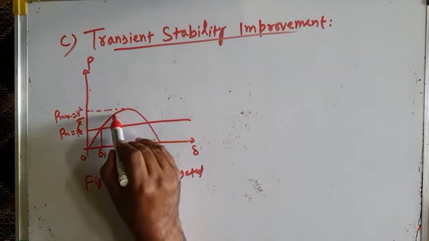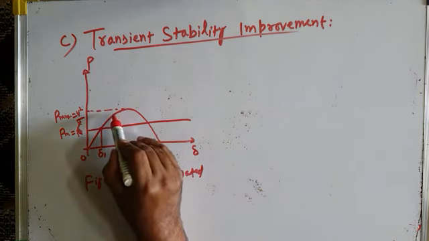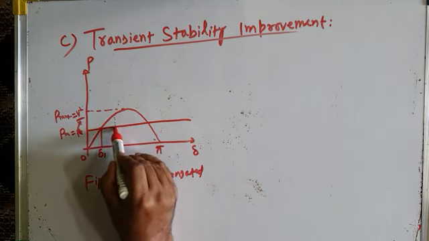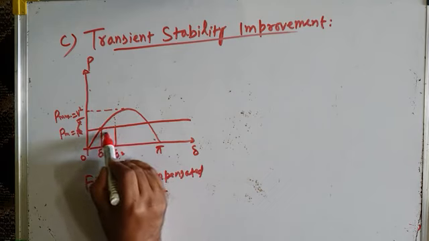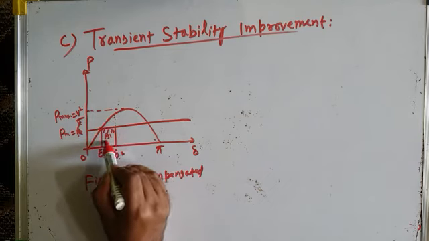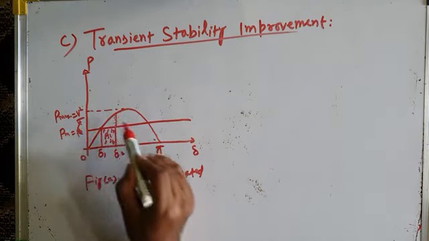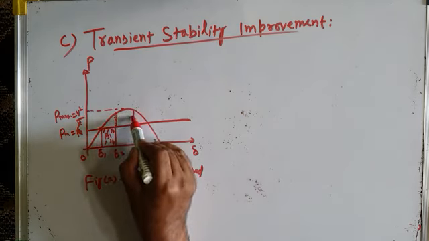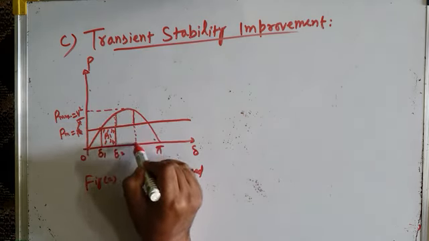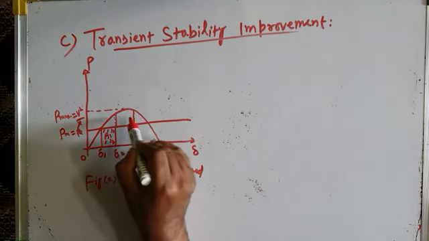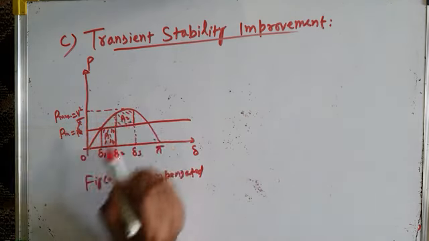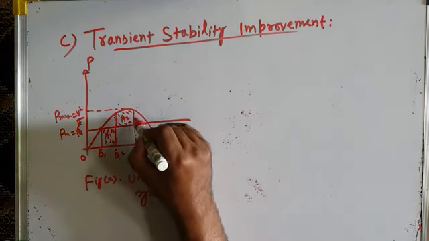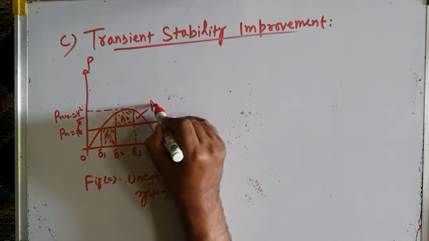Then fault occurs. Let me first of all draw the diagram, and then subsequently I will explain. Please bear with me. Let me first of all complete this diagram. This is delta 2, this is area A1, and this is delta 3, this is area A2, which is equal to area A1, and this is the margin of stability, A margin.